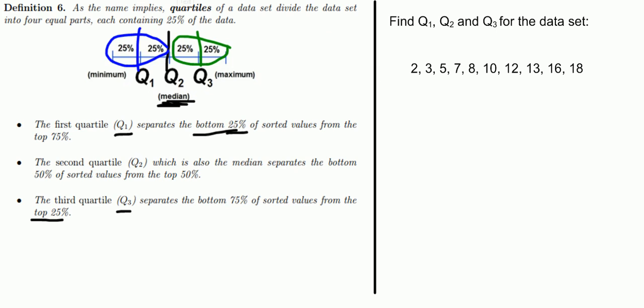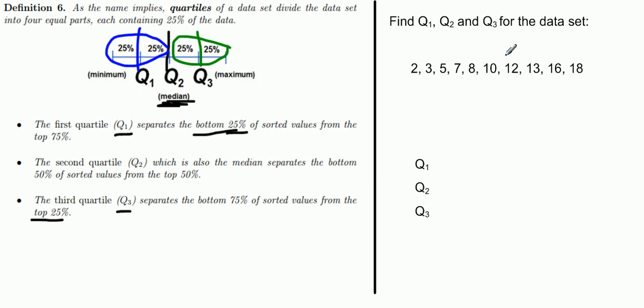Okay, so we're going to do this over here for this example. I'm going to give us some space here to write the answers: Q1, Q2, and Q3. Even though normally we count 1, 2, 3, I think the first thing we want to do is find the median, Q2. So how many numbers are there here? 1, 2, 3, 4, 5, 6, 7, 8, 9, 10.